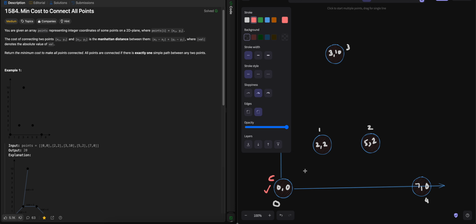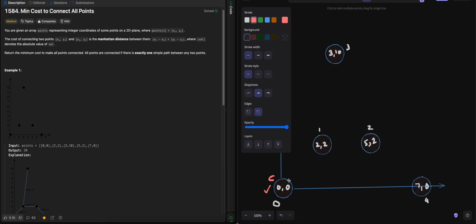From this node, I'll try to find edges from this node to every other possible unvisited vertex. From this vertex's point of view, right now all the remaining vertices are unvisited.